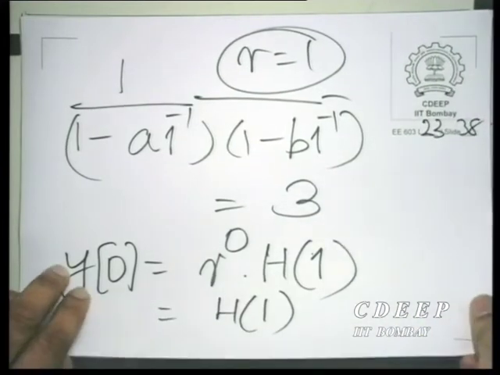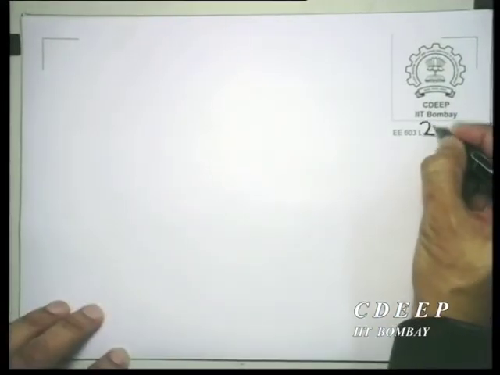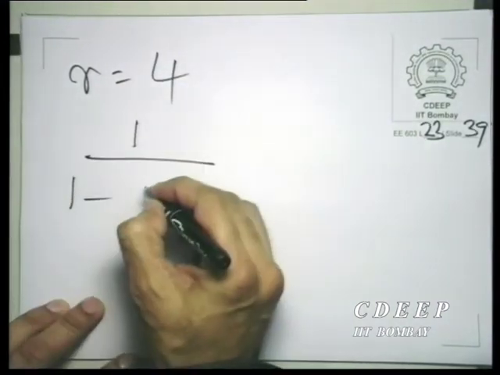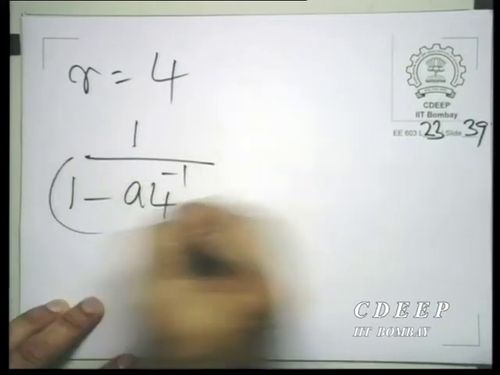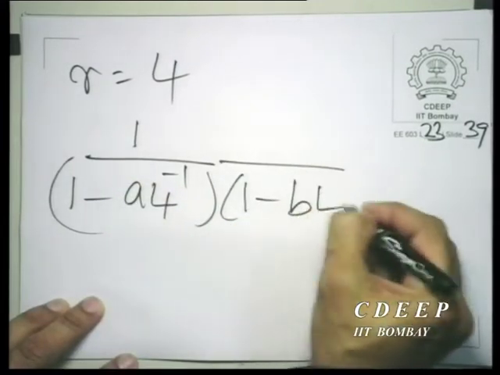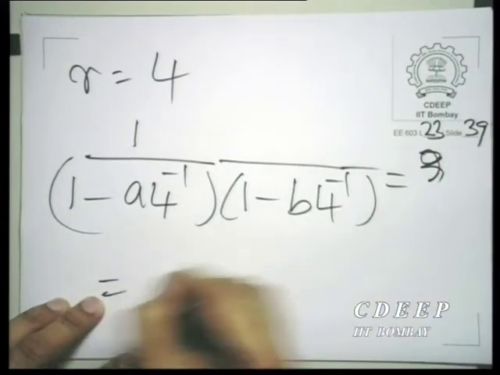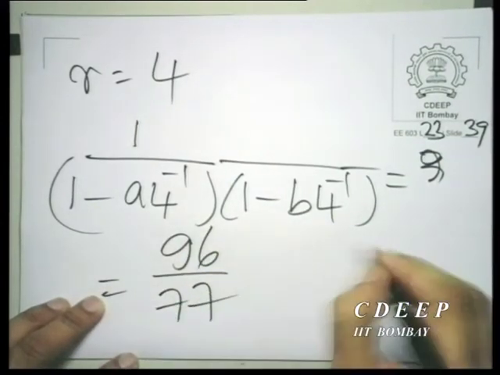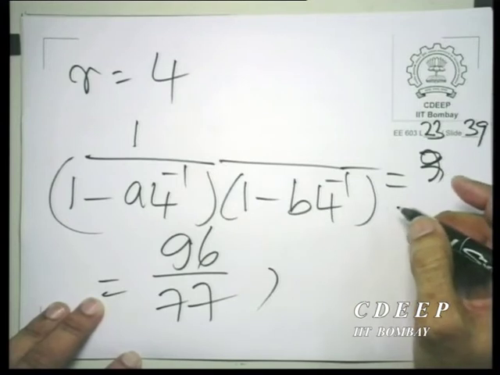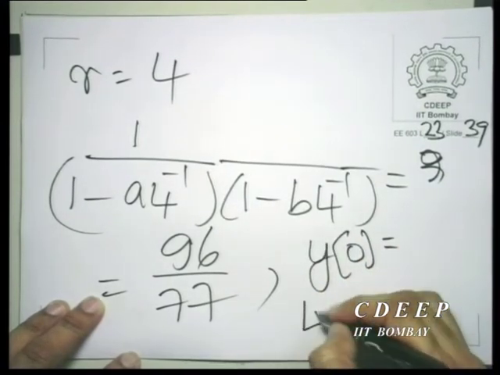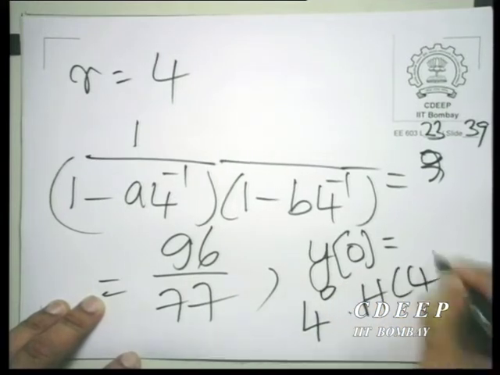This is the first equation that you get. And the second equation that you get when r is equal to 4 is that 1 by (1 minus a into 4 inverse) into (1 minus b into 4 inverse) is 96 by 77. Because y of 0 here would come out to be 4 to the power 0 times H of 4.